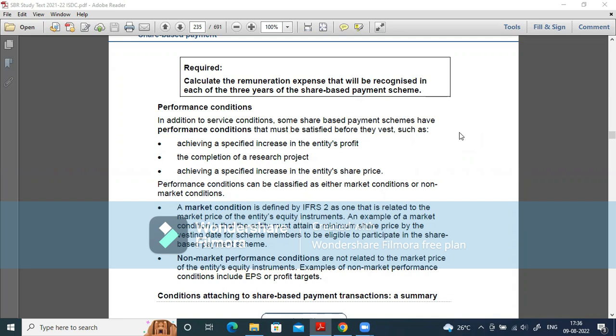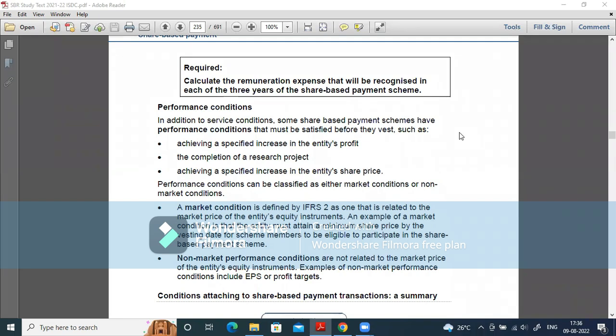Market-based conditions are related to the share price. In order to exercise the share options, the main point is that it depends upon the share price of a company. Let me give an example.